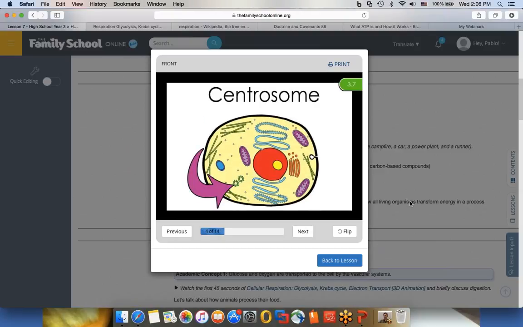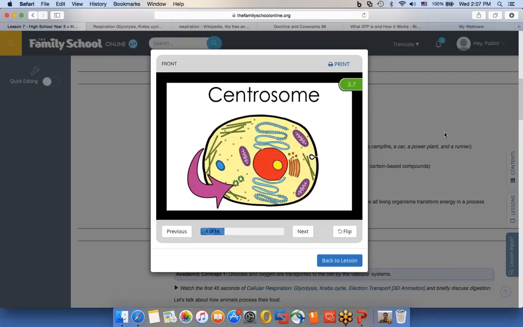Do you know what this is? The centrosomes? We haven't talked about that. Don't they only occur in animal cells, though? We haven't talked about the centrosomes because they are the organelles that are in charge of cell division.